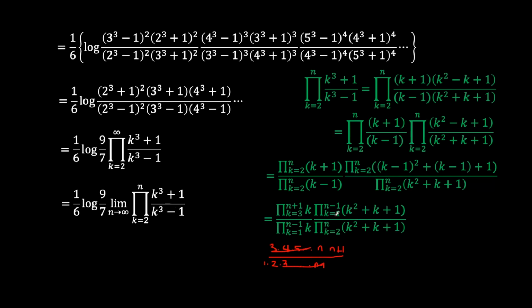Same thing here. This begins from 1 all the way to n minus 1. The denominator begins from 2 all the way to n. So what we have is the missing part here: the denominator misses 1. And so in the numerator, we have 1 squared plus 1 plus 1.